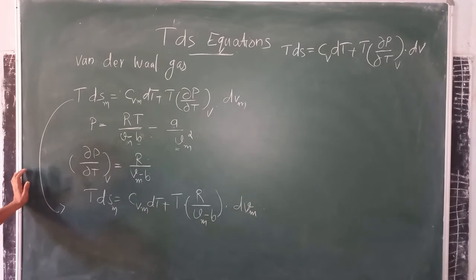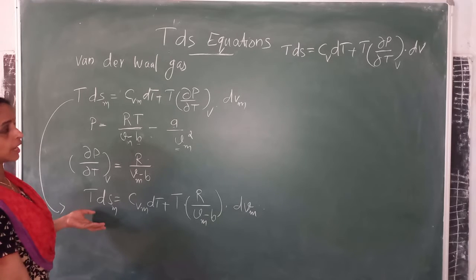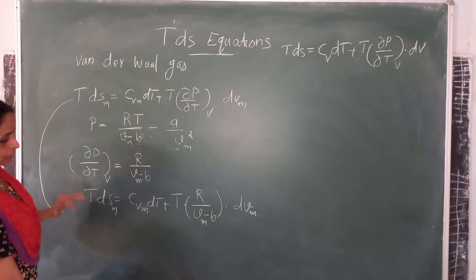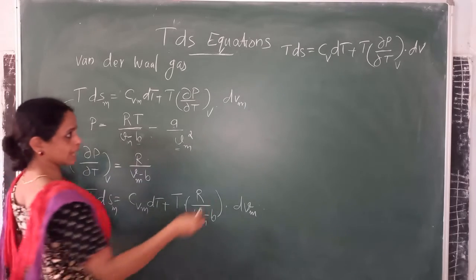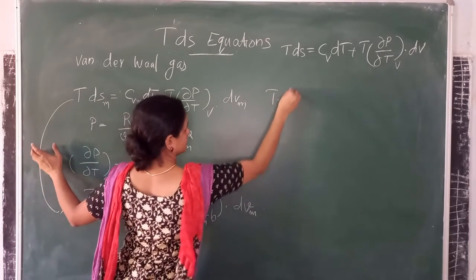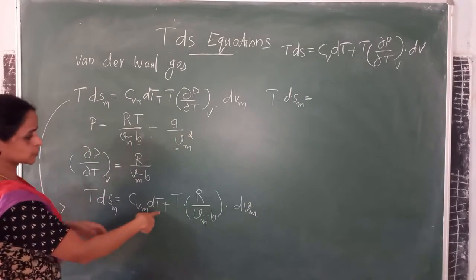Since we are dealing with an isothermal process, an isothermal expansion, the dT goes to 0.